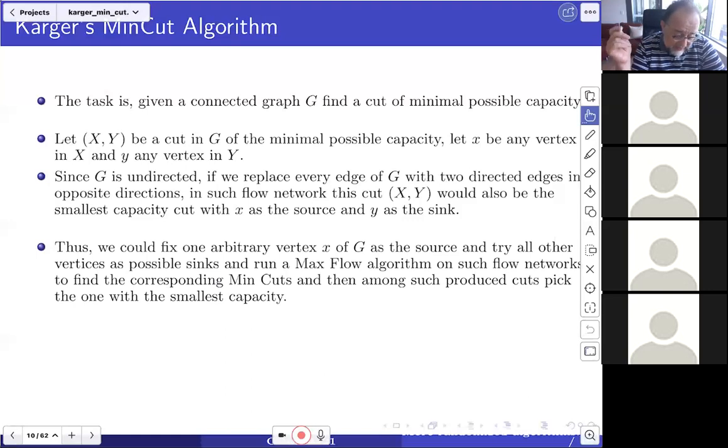So you will have in this way n-1 possibilities for the sink, and the fastest max flow algorithm that we have today runs in time V cubed, the cube of the number of vertices. Since you also have to vary the sink, this would produce an algorithm that runs in time n to the fourth.